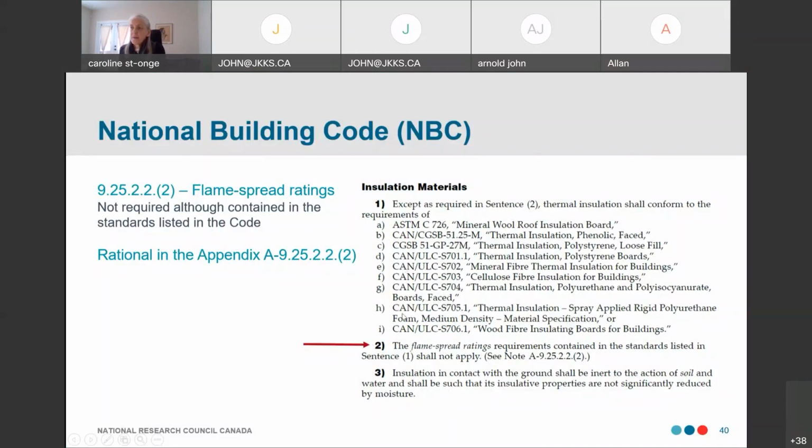Although most of these standards refer to flame spread rating or another type of surface burning characteristic. Although the code says shall not apply, to meet a standard that has a requirement of flame spread rating, it has to be tested.